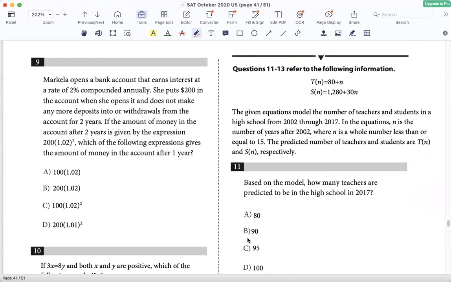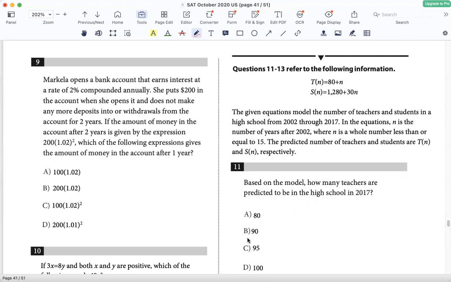Markella opens a bank account that earns interest at a rate of 2% compounded annually. She puts $200 in the account when she opens it and does not make any more deposits into or withdrawals from the account for 2 years. If the amount of money in the account after 2 years is given by the expression 200 into 1.02 squared, what is the expression for the amount of money in the account after 1 year?